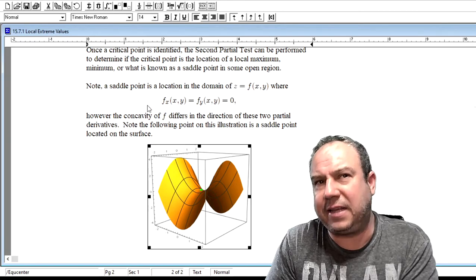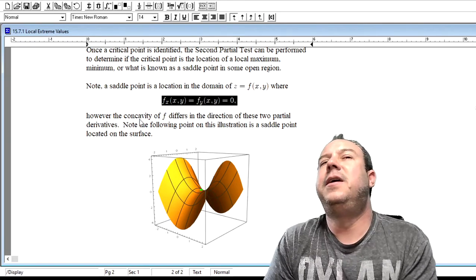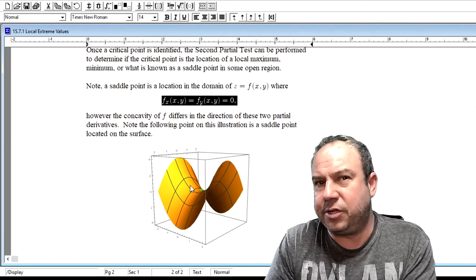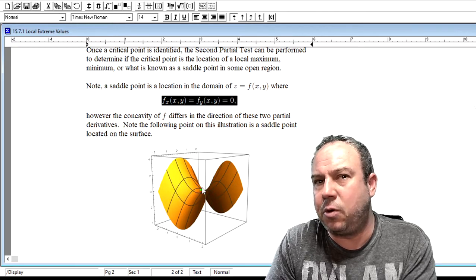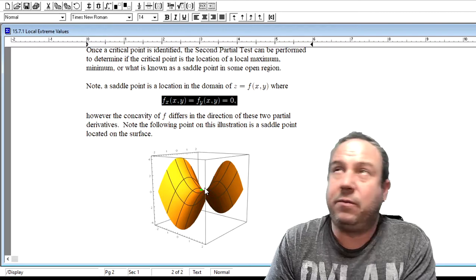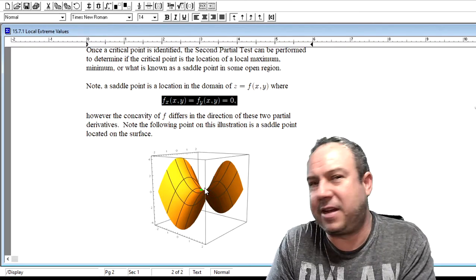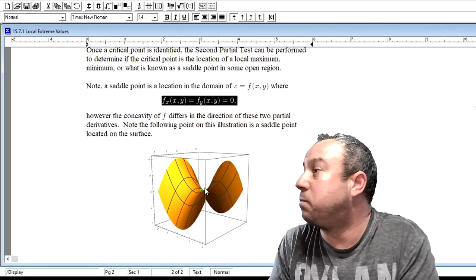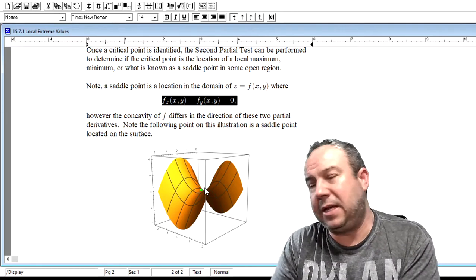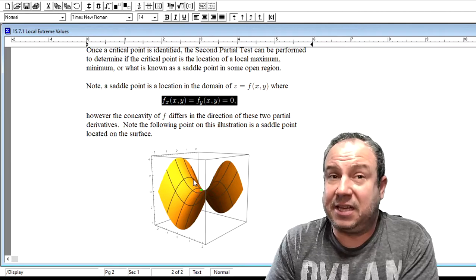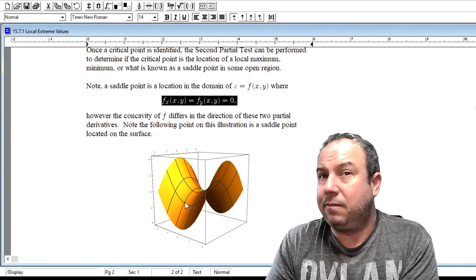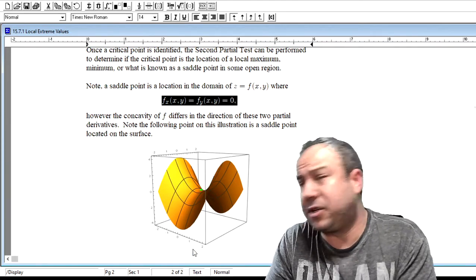We were defining concavity, right? If we notice in this shape, we would have the slopes of the lines tangent to our, well, I should be careful with all that tangency stuff. The first partials would be equal to 0 at this location, but the concavity happens in opposite directions.